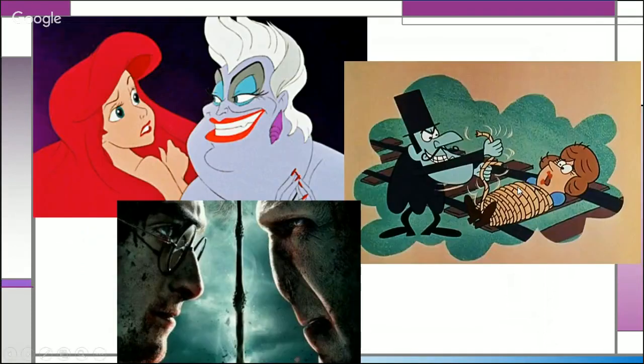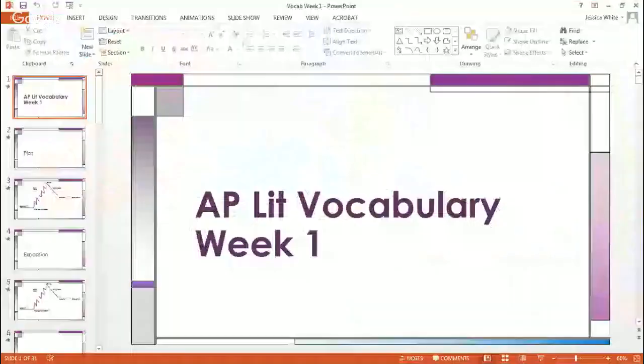Here are a couple of quick examples of protagonists and antagonists, a hero and a villain, somebody you're rooting for and somebody you don't want to win.